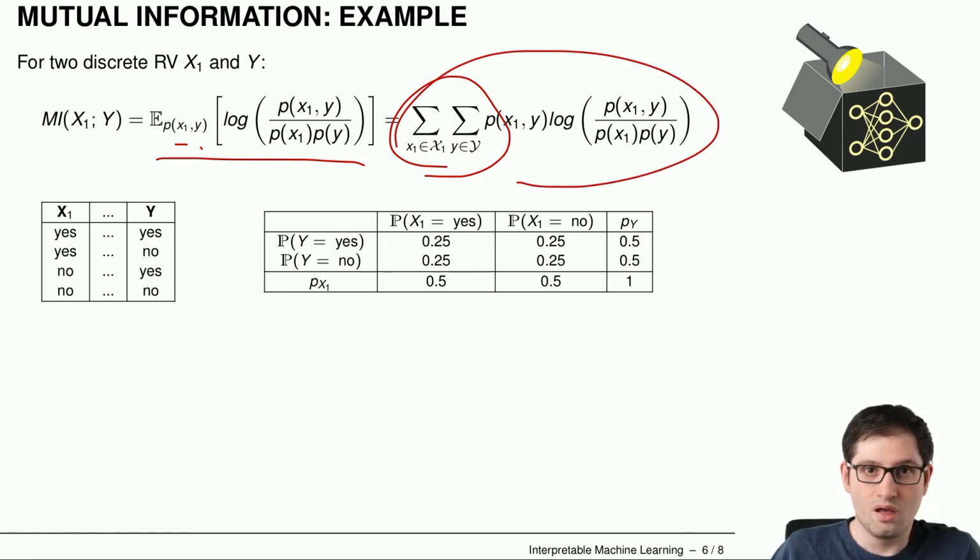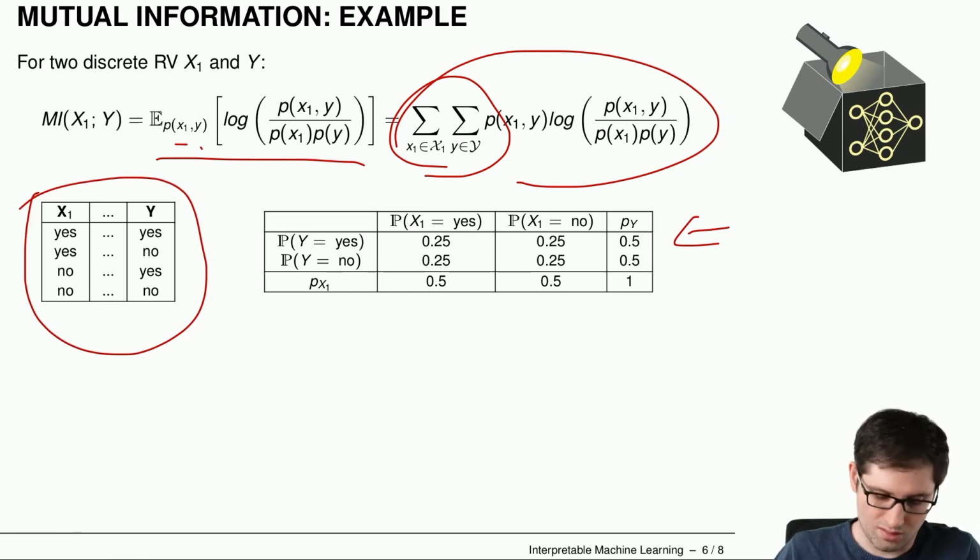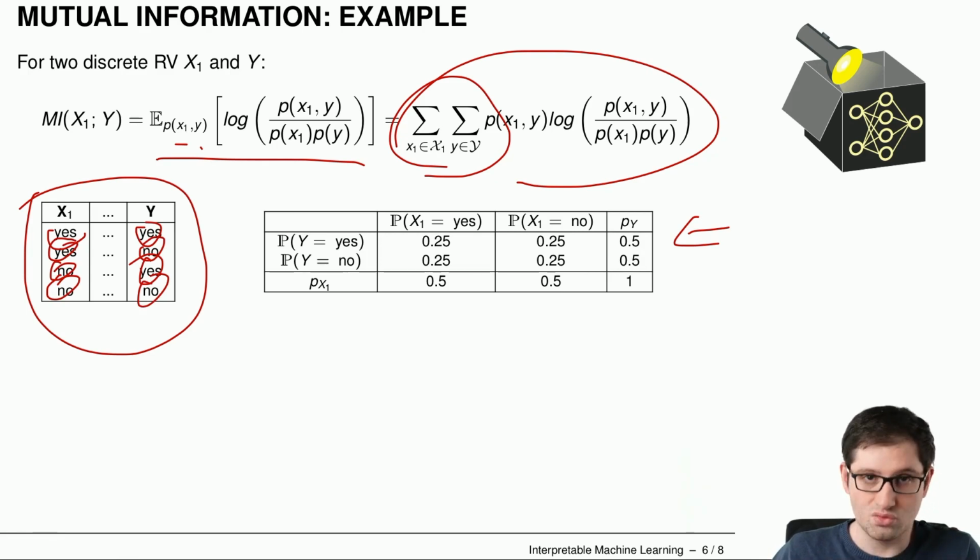Computing this term can be done from the joint distribution, which is nothing else than a table. This is an example where we have all possible combinations. Each possible combination of these two binary random variables occurs with a probability of 25%.